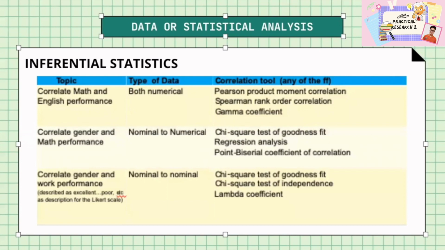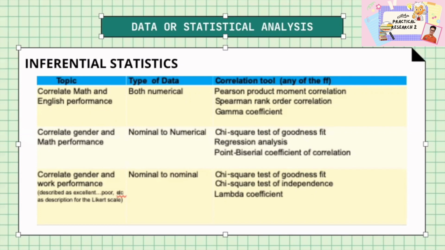Or correlate gender and work performance in terms of excellent, poor, etc. I will have both nominal data, and I may use the chi-square test of goodness of fit, chi-square test of independence, or lambda coefficient.